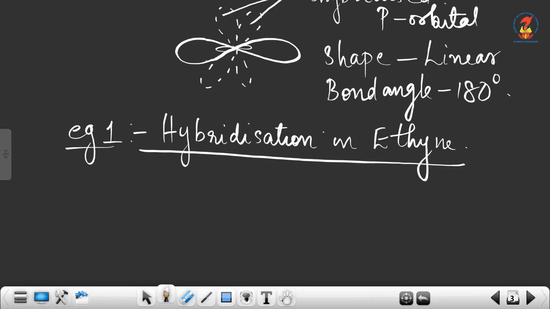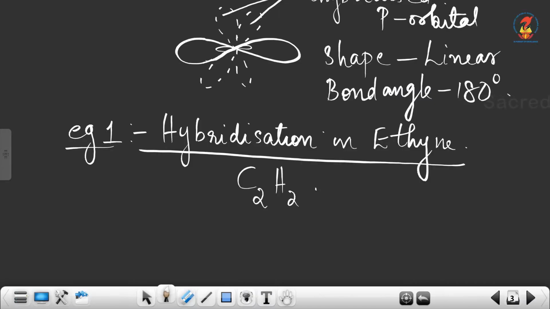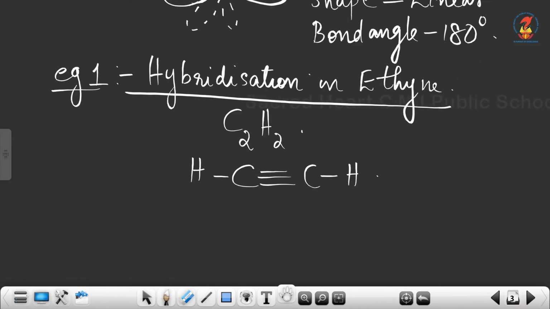Okay, the molecular formula of ethine is C2H2. Now when we write the structure, it is CH triple bond CH. We know that ethine belongs to alkyne and alkynes contain a triple bond. So the structure is CH triple bond CH.